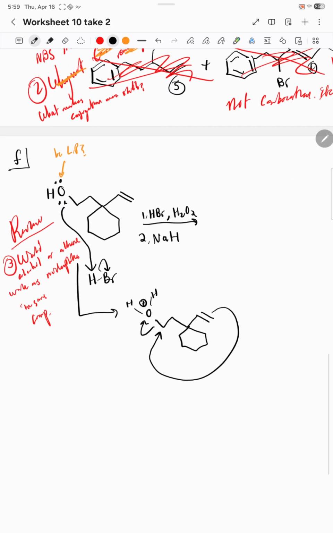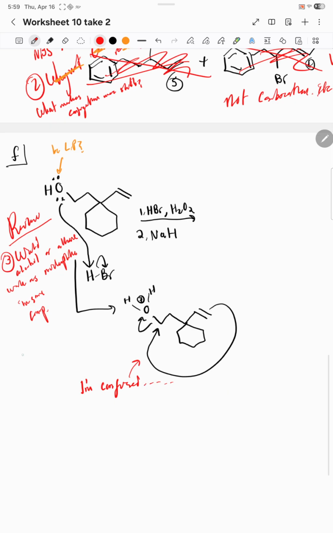I'm confused. What do we actually do from here? This is a hard problem. Matter of fact, now that I bring up bases, when does strong sodium hydride, NaH, when does that even work?